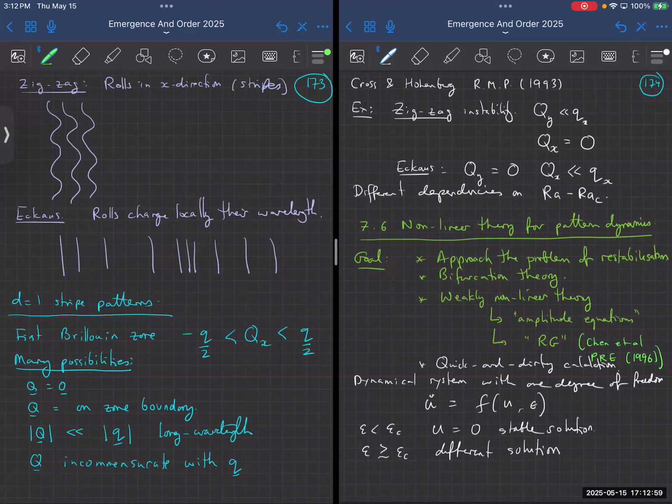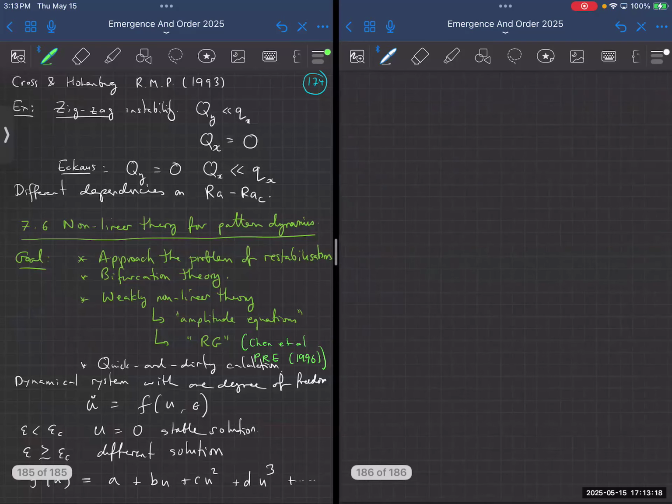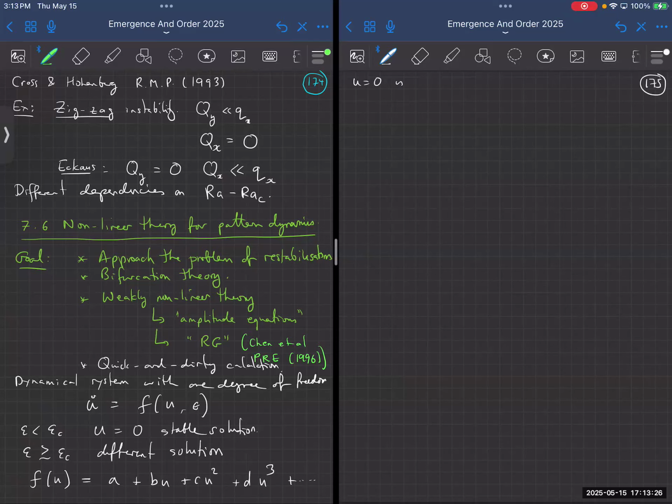So we're going to say, okay, well, fine. Then let's write f of u as some expansion about u equals 0. So you write it like this, and then I'm going to say, well, u equals 0 is a solution of u dot equals 0, and so that tells you that the coefficient a must be 0.